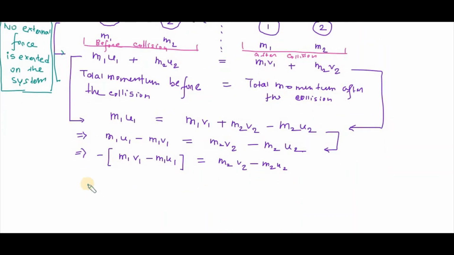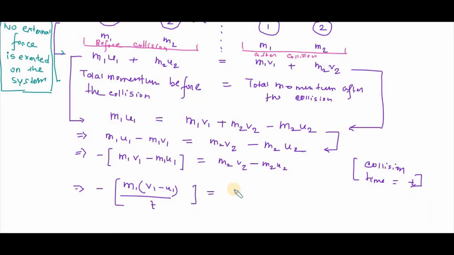Now we consider the collision time between the first and the second object, let's say t. If we divide both sides by t, we get m1 as common times v1 minus u1 upon t, and similarly m2 times v2 minus u2 upon t.